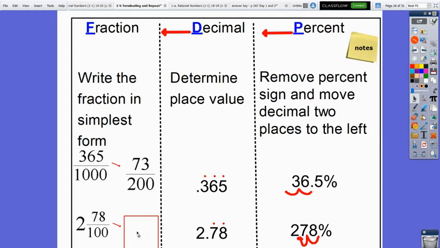And 78 divided by 2 is 39. And 100 divided by 2 is 50. So 2.78 as a decimal is 2 and 39 fiftieths as a fraction. All right, so that is converting back and forth between fraction, decimal, and percent in either direction.